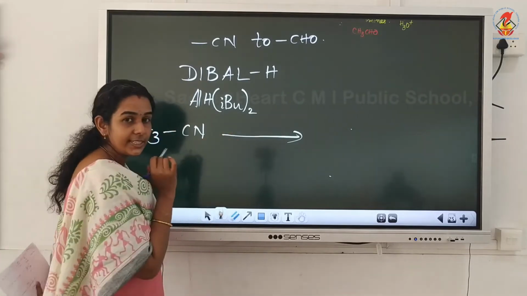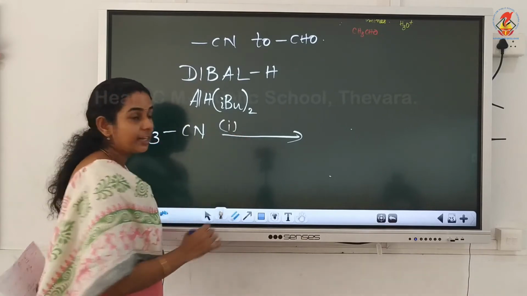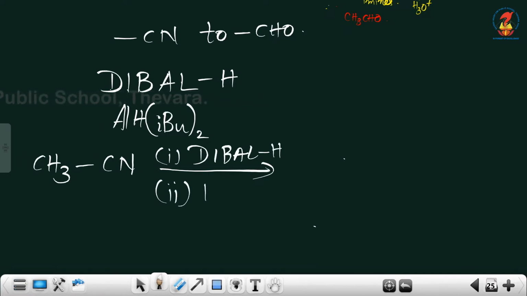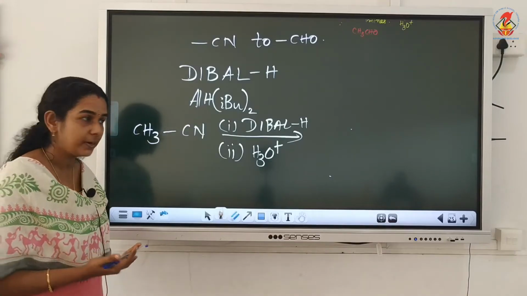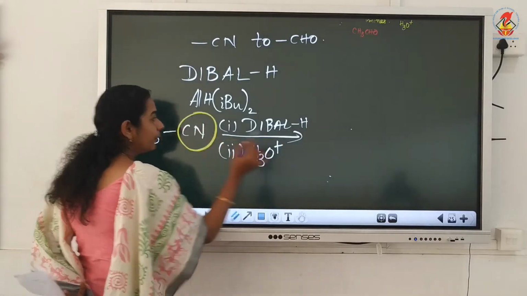So CH3CN or ethane nitrile, first on treatment with dibal-H, followed by hydrolysis. How can we write hydrolysis? H3O+ or H2O/H+. Finally what happens? CN will be converted to CHO.